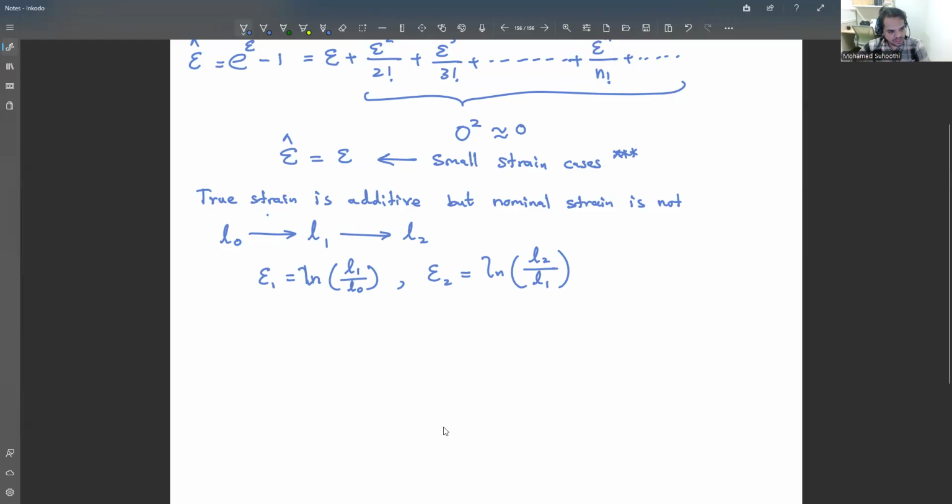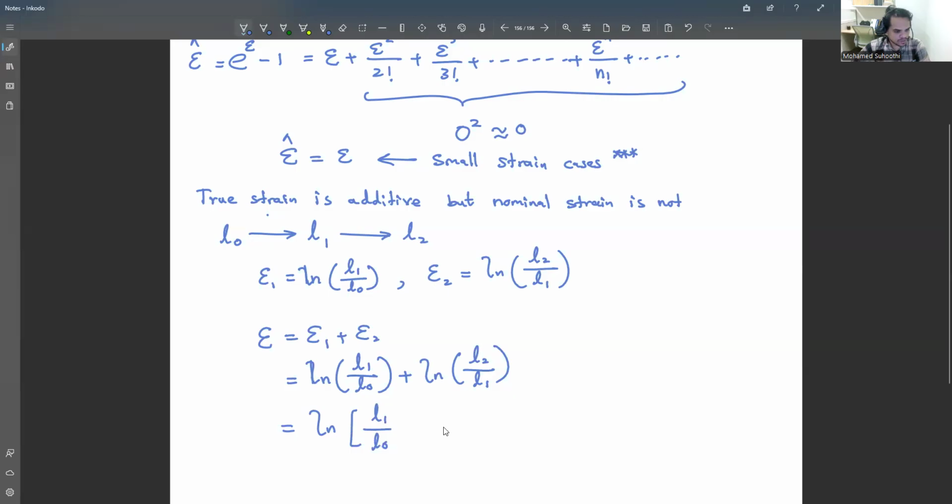Now if I calculate the total strain, that means epsilon 1 plus epsilon 2, in this case ln of L1 over L naught plus ln of L2 over L1, right? Now you know the log function, if you take ln as common, these will multiply. So that means L1 over L naught multiplied by L2 over L1.